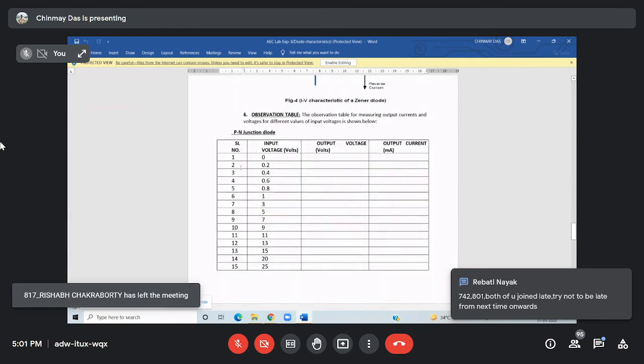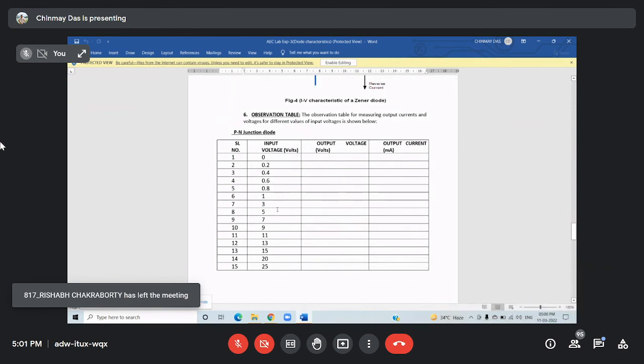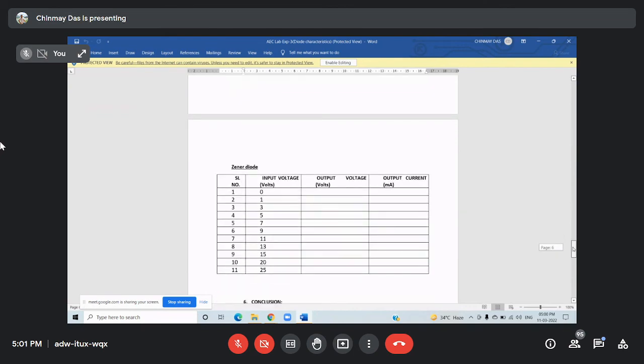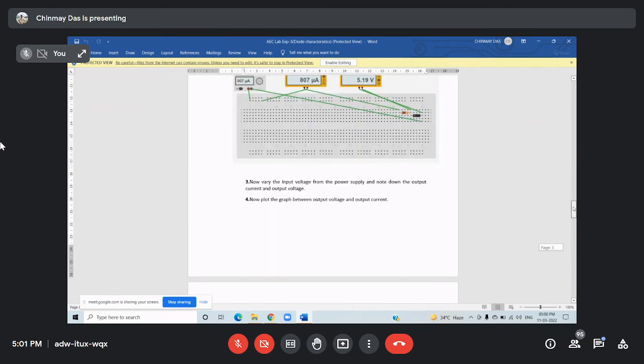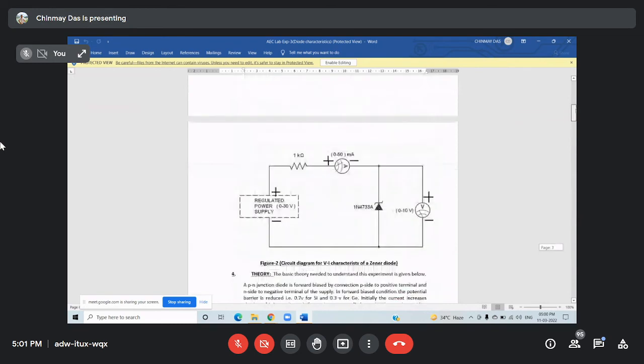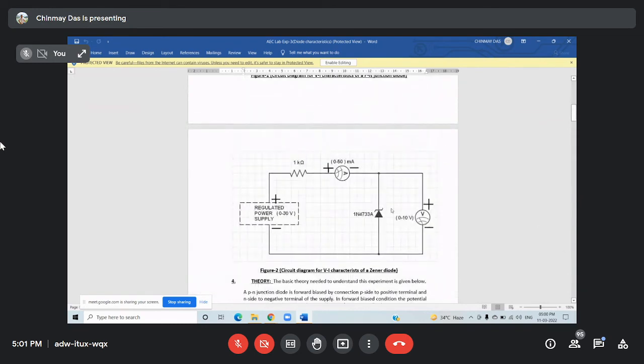So this is the observation table. You take the input voltage and note down the output voltage and output current across the diode. The other table is for the Zener diode. If you look at the Zener diode characteristics connection, only one difference is there. This is the Zener circuit: the Zener is connected in reverse direction.